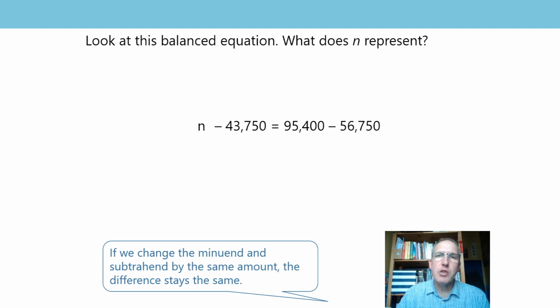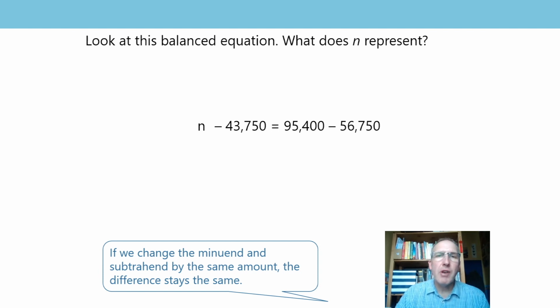Here's Mr. East's generalization. Let's say it together. We can call this the same difference strategy. If we change the minuend and subtrahend by the same amount, the difference stays the same. If you haven't already had a go, see if you can work out n now.